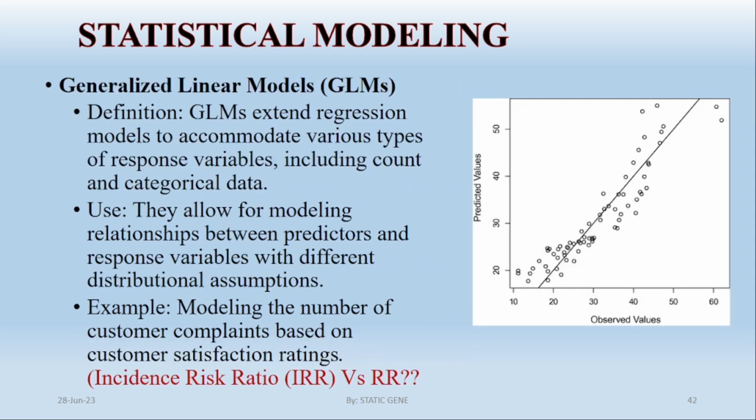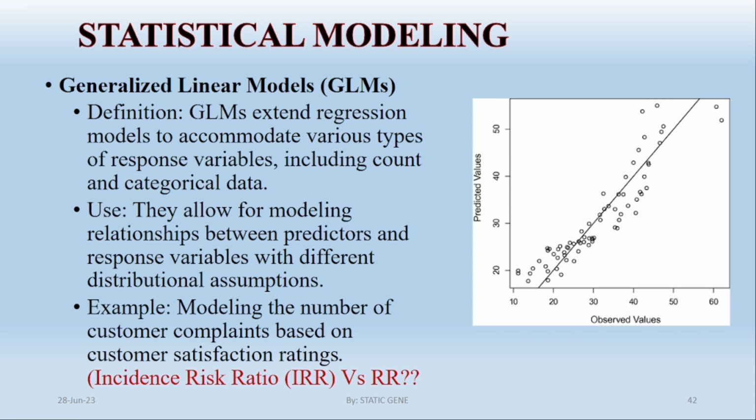We then have generalized linear models. Generalized linear models extend regression models to accommodate various types of response variables, including counts and categorical variables. So it's more like a modification of the regression model. They allow for modeling relationships between predictors and response variables with different distributional assumptions.